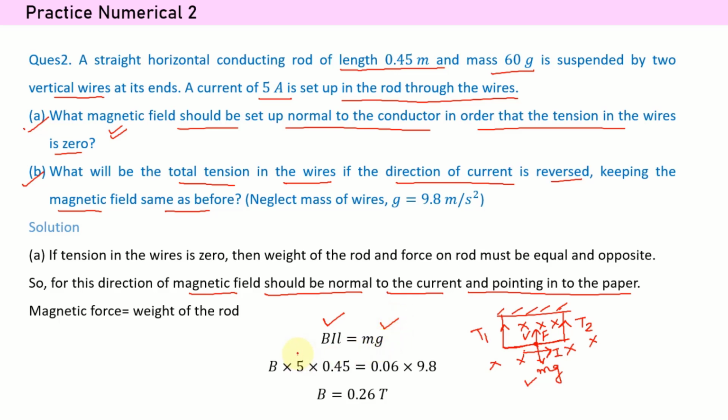Current is given to us as 5 amperes. Length of the rod is given as 0.45 meters. Mass is 60 grams, so we have converted it in kgs, and g is given to us as 9.8 meter per second square. So finally we have obtained magnetic field as 0.26 Tesla.